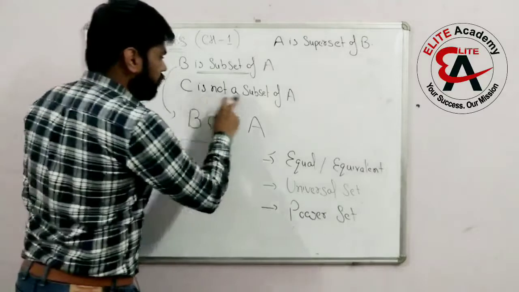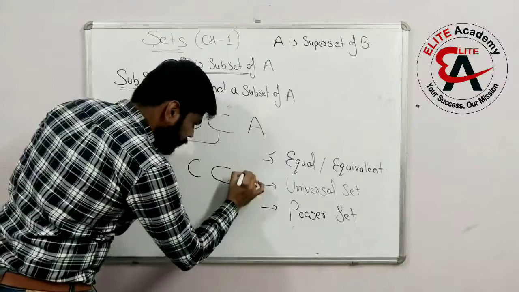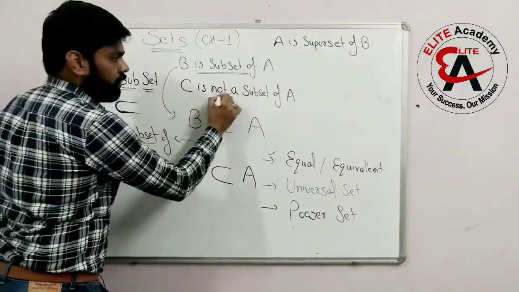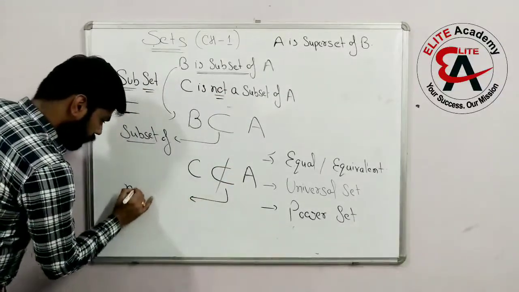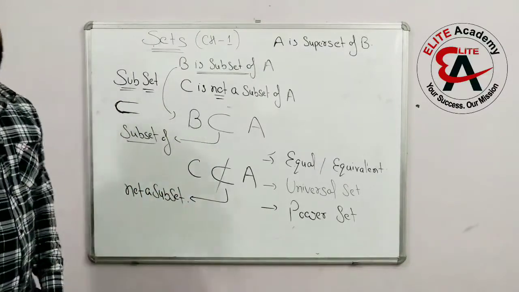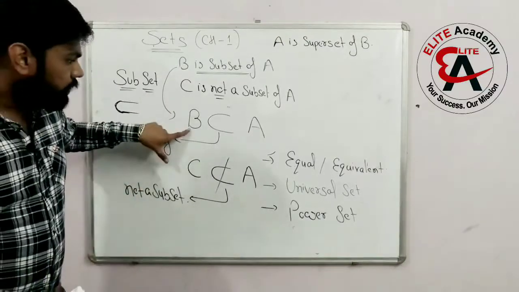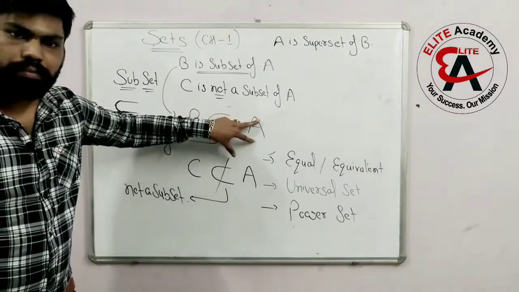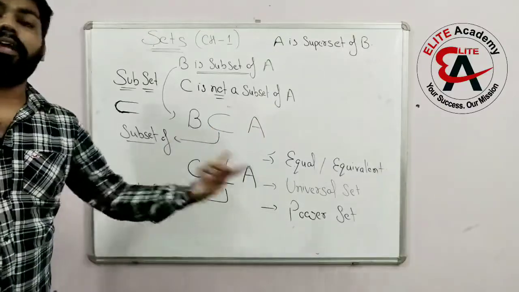Secondly, if I want to show that C is a subset of A, and if it were a subset we would write it, but C is not a subset of A, so we'll cross this. So it means not a subset. Is that clear or not, everyone? The subset side is closed, the superset side is open. If it is not a subset, the same subset sign with a cross, like not equals to.